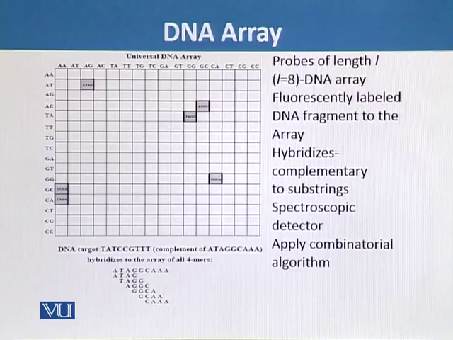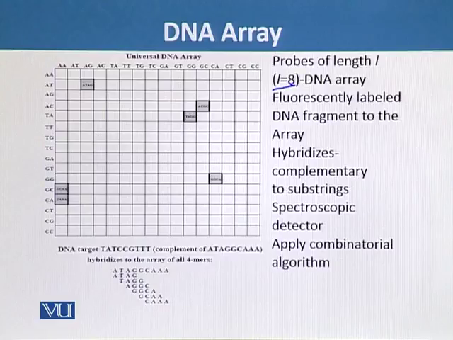We can attach all possible probes of length L, and here L is equal to 8, to a flat surface, as we have seen on the DNA chip, each probe at a distinct and known location. So we also know the location of each probe in the array. This set of probes is called the DNA array, as we have seen in the previous slide.